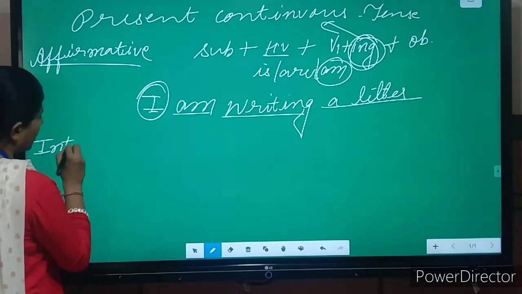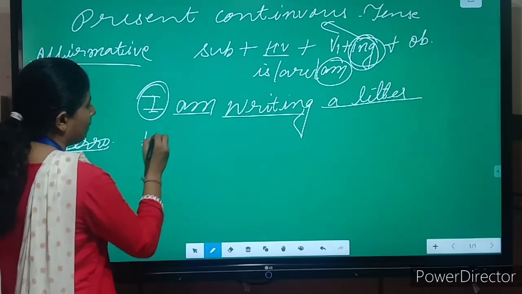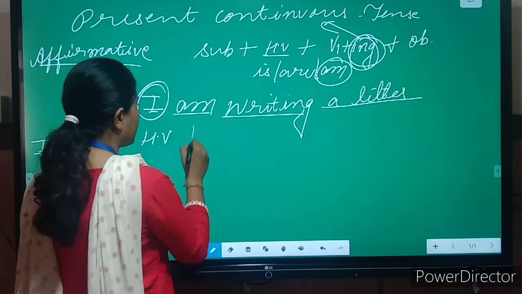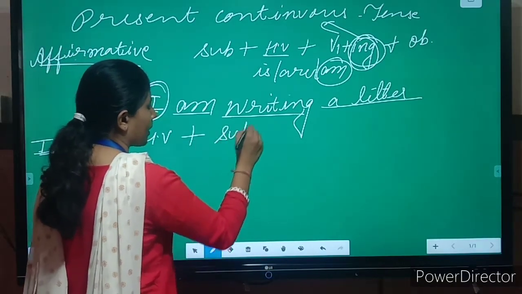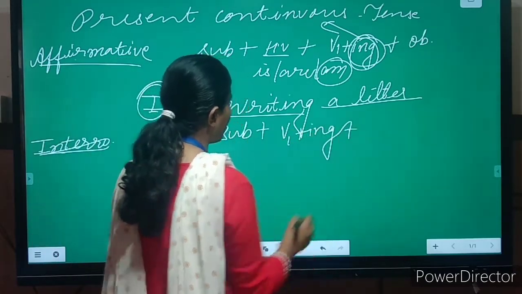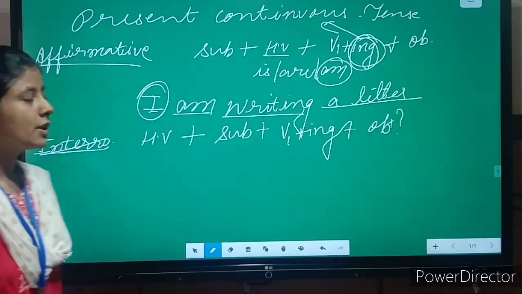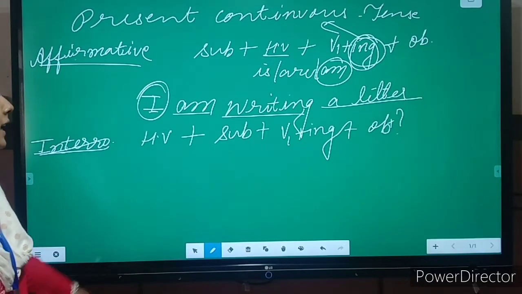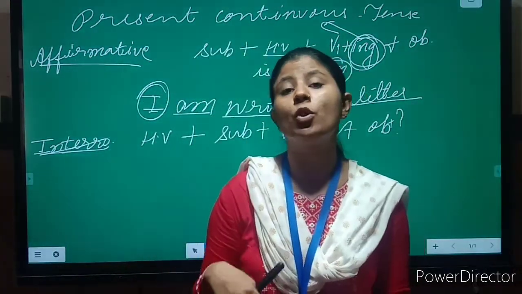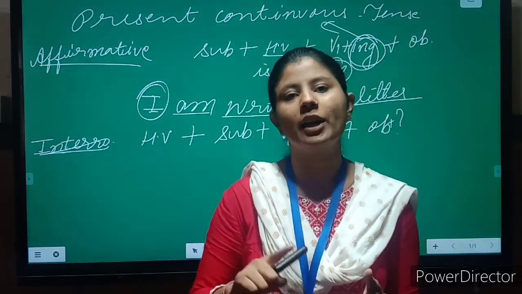Now the next is interrogative. How do you have to form interrogative? To form the interrogative of this, you have to write that helping verb, that is again is, are or am, and then you will write subject, then V1 plus ing, and then object, then question mark. Clear? So here we will see which helping verb we will use. As I told you, if I is in an affirmative sentence, then when you are forming a question, an interrogative sentence, you will change I into you.